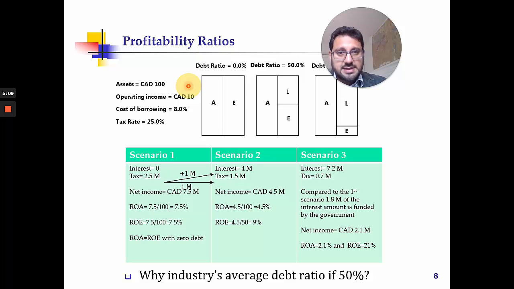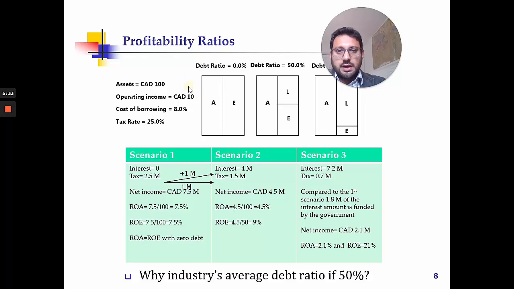So again, it depends on what sort of industry the company is operating in, and that will determine the level of debt which the company will use to finance their assets.